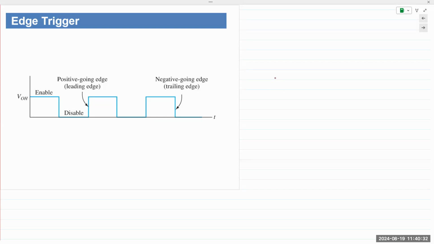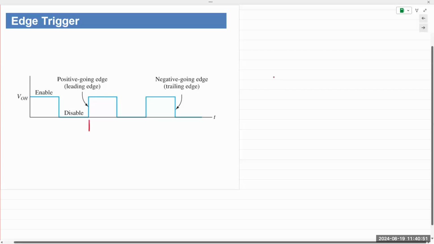So sometimes you want to avoid the confusion that might arise because of the clock signal. So instead of the clock signal affecting for the entire time period, meaning if it's like half a second, we don't want it to work for half a second, we make the circuit to be triggered by the edge.